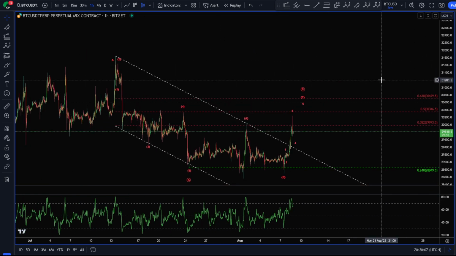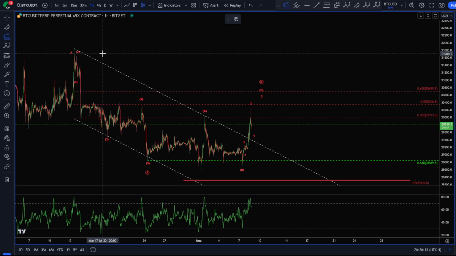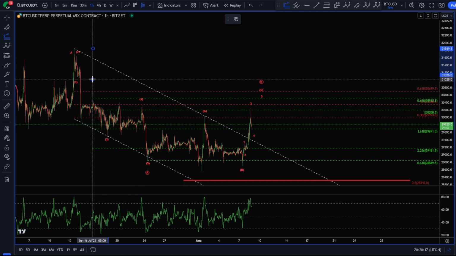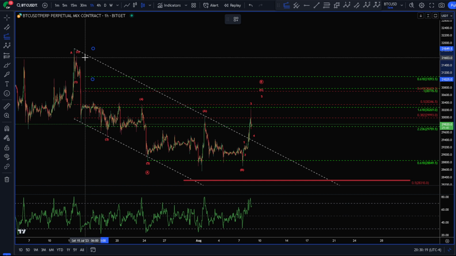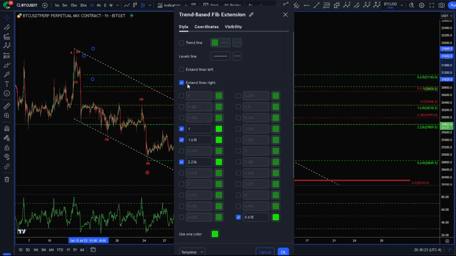Now coming off the high from last month, I have a 5-wave move down, for a couple different reasons. This hit just past the 2.618 on the 1-2, which is a common target in Bitcoin.